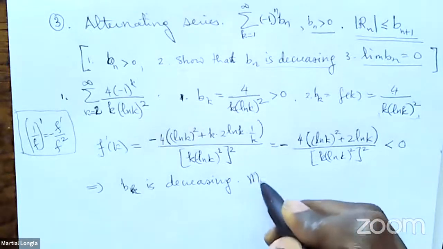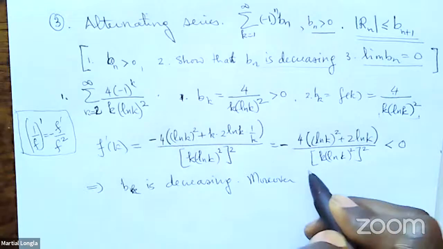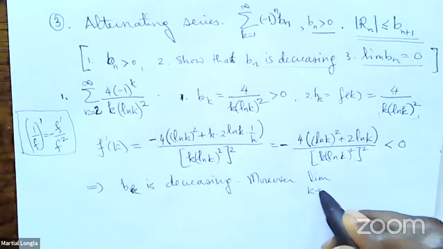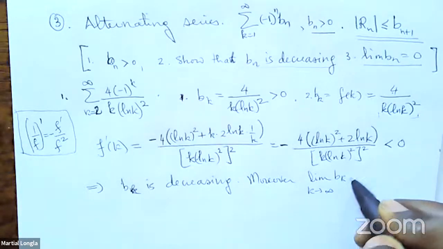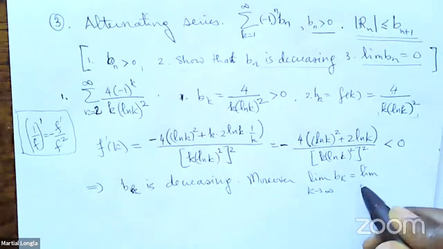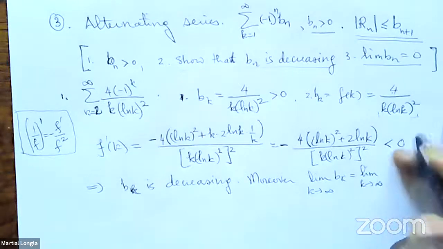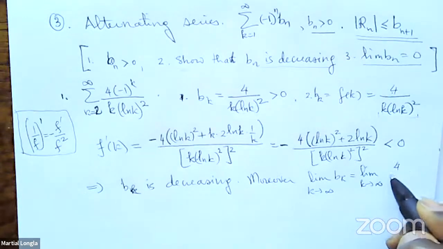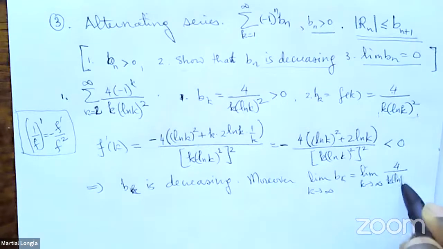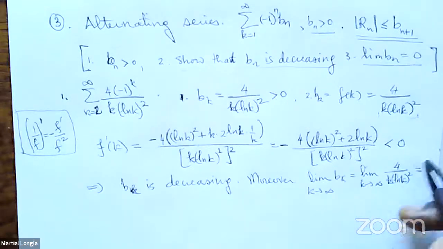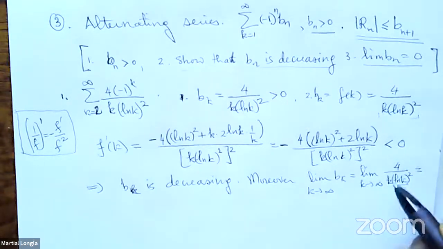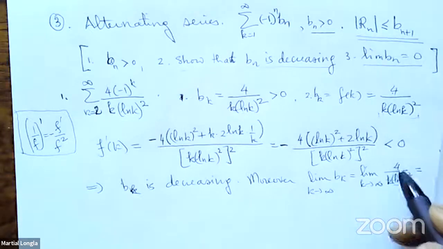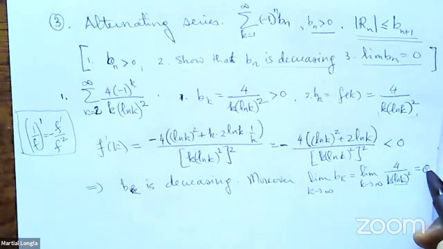Moreover, the limit as k goes to infinity of b_k equals the limit as k goes to infinity of 4 over k (natural log of k) squared. Natural log of infinity is infinity. Infinity squared is infinity times infinity, it's infinity. 4 over infinity is 0.